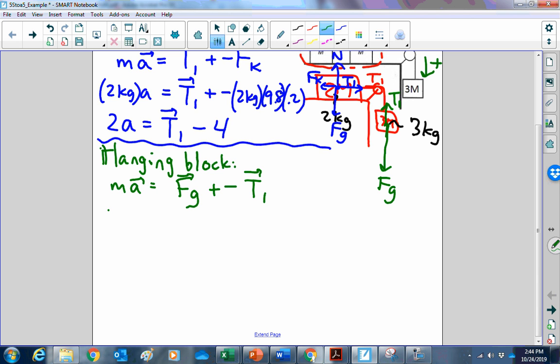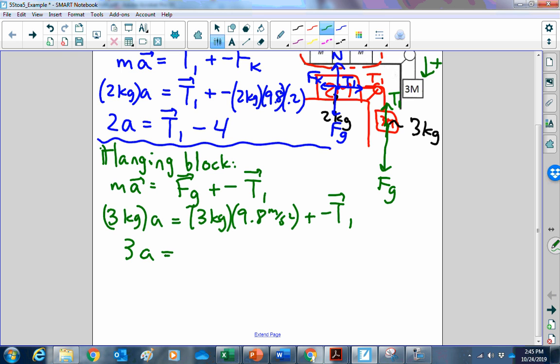The mass is 3, times a, equals 3 times 9.8, and then my negative tension. Sticking with these rounded numbers, I believe they're using 30 on their worksheet, 30 minus T1. So I have 2 equations and 2 unknowns.